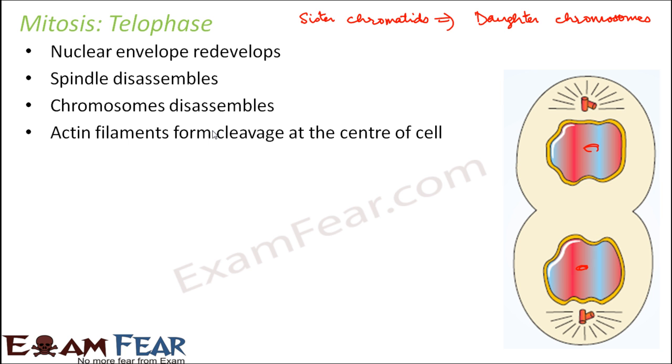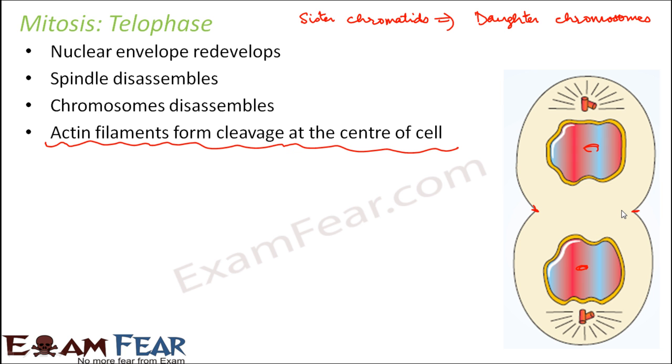Actin filaments form a cleavage at the center of the cell. There are some protein filaments which will form a cleavage, a structure like this, at the center of the cell. Now this cleavage will deepen further and this will actually help the cell to get divided completely. However, that will not happen in this stage. In telophase, the nuclear envelope will come back, the spindle will vanish and the cytoskeleton will come back.